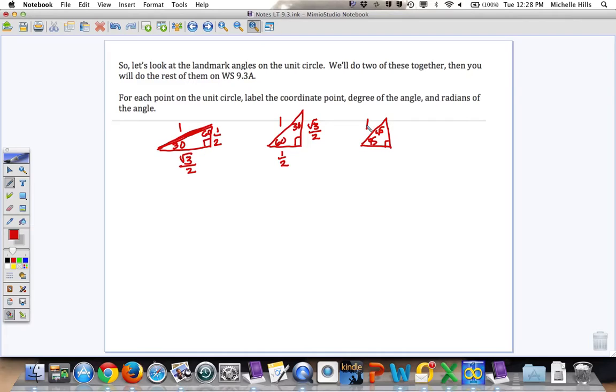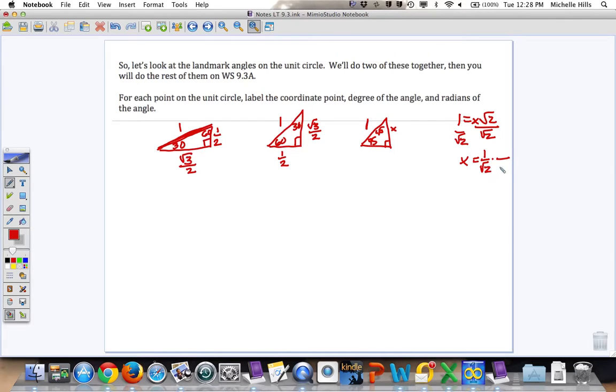If the hypotenuse of a 45, 45, 90 right triangle is 1, remember that 1 then is the same thing as one of these legs times the square root of 2. So to solve for x, I'd have to divide both sides by the square root of 2. So x is 1 divided by the square root of 2, but I need to rationalize this denominator.